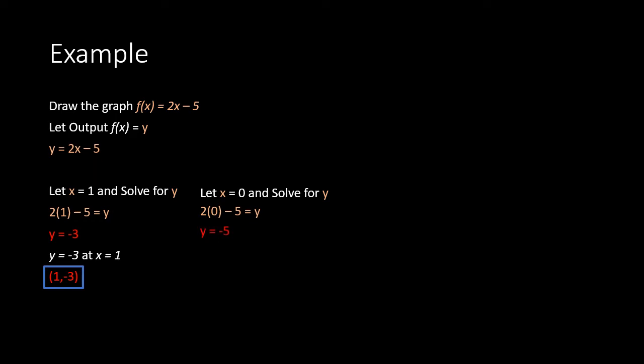Substitute x with 0, so we get y equals minus 5. Therefore, y equals minus 5 at x equals 0. So the second rectangular coordinate which we got is 0 comma minus 5. So when we draw a line passing through these 2 points, we'll get the line y equals 2x minus 5.